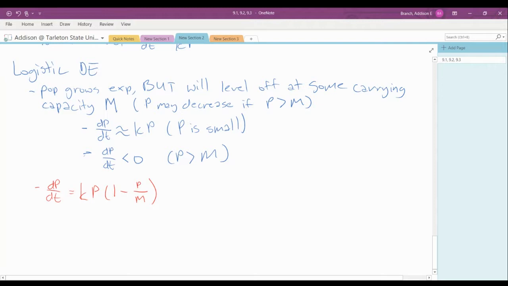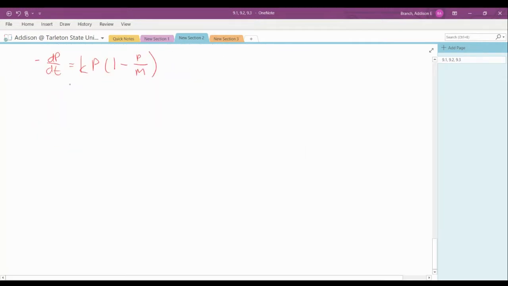And another interesting aspect of this is that in here we have what are called equilibrium solutions. An equilibrium solution is whenever our rate levels off to 0.